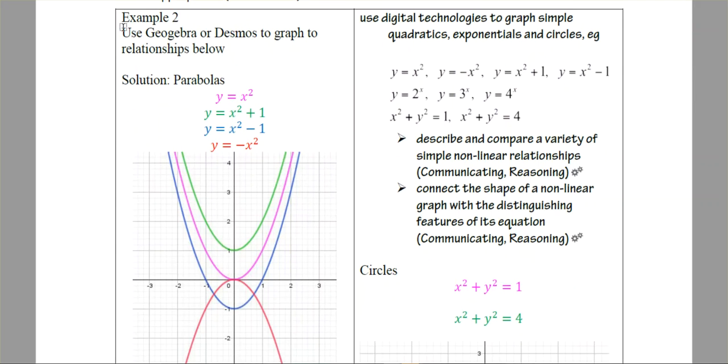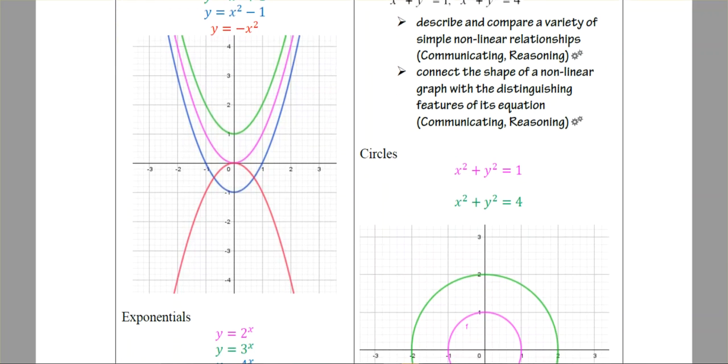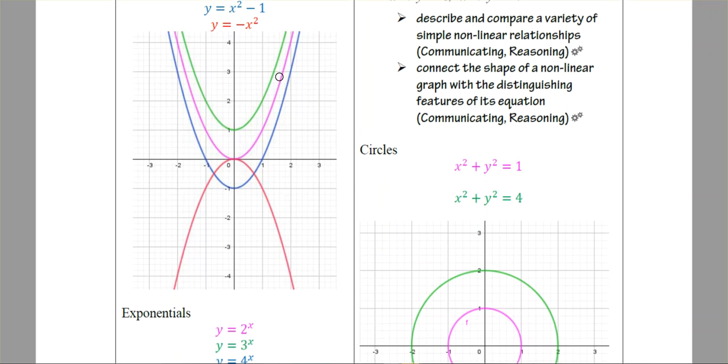So example 2, you can use GeoGebra or Desmos to graph these relationships. So that's what I want you to do. Just make sure that you can do these. And you can see the red one, y equals -x squared, goes like this. So that's the one that looks like a basketball shot.